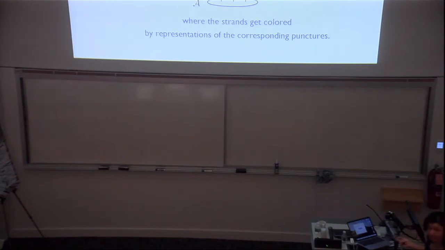So the space of conformal blocks on the Riemann surface with punctures is, as we can show, the Hilbert space of Chern-Simons theory on the Riemann surface times time, where the strands are colored by representations associated with punctures. So the Chern-Simons path integral on the Riemann surface times an interval in presence of a braid gives a corresponding quantum braid invariant.